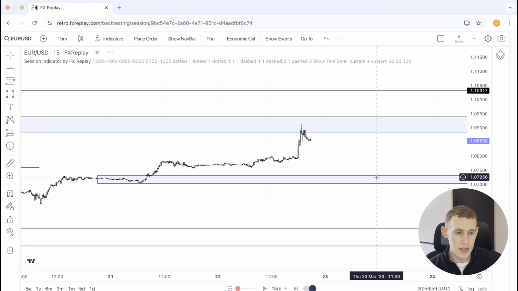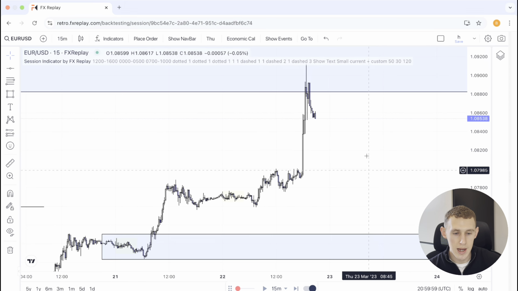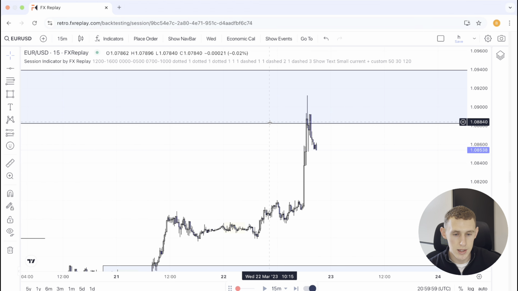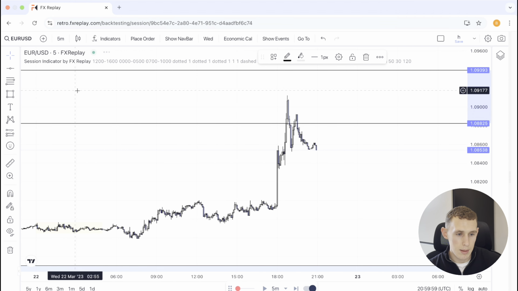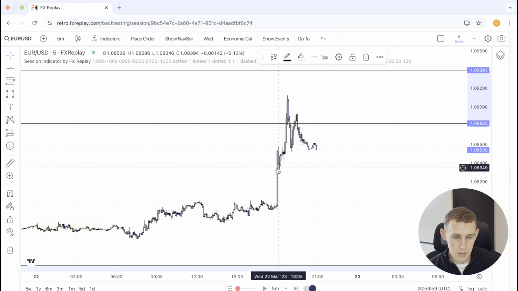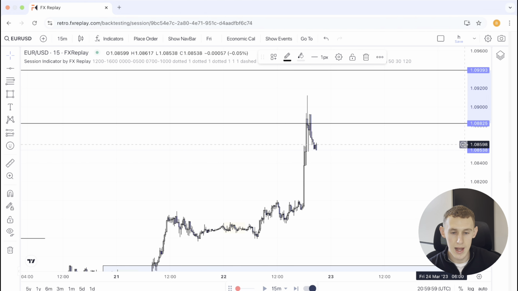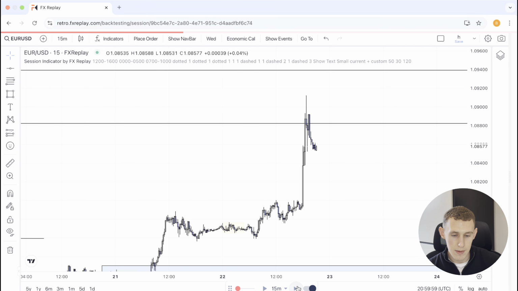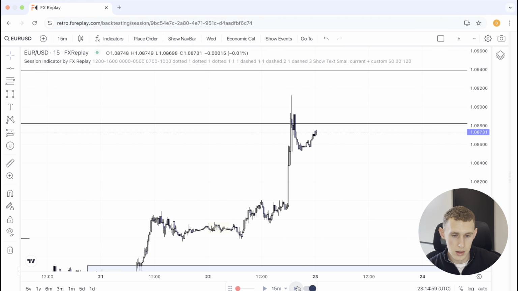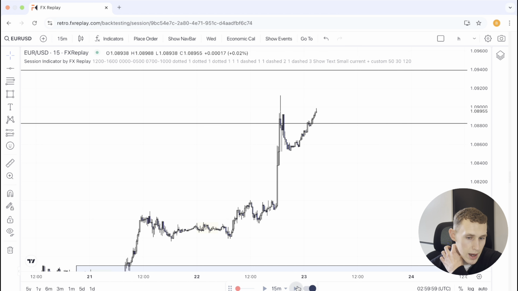So if we can get some lower time frame confirmation here, I would also maybe consider some counter trend sells. Currently, you guys can see this would be the level you need to see it break. So if we can break that level, I'm happy to get in on some sells.